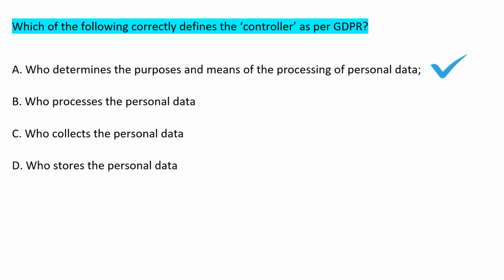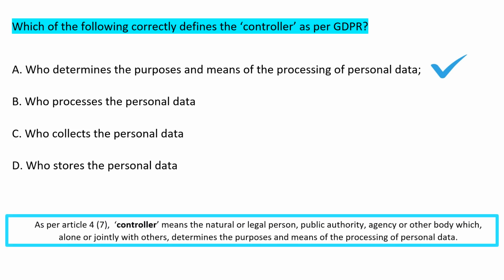Correct answer is option A, who determines the purposes and means of the processing of personal data. Article 4.7 defines the controller. Controller means the natural or legal person who determines the purposes and means of processing of personal data.